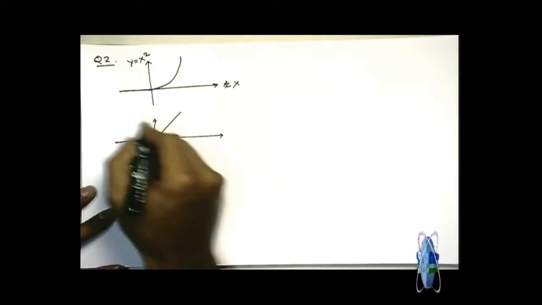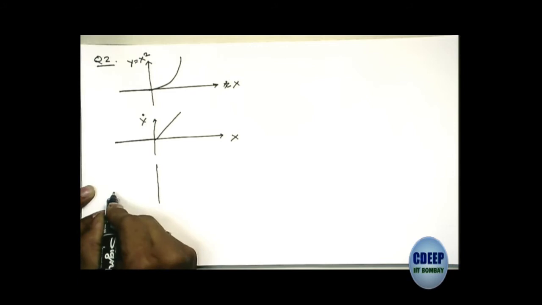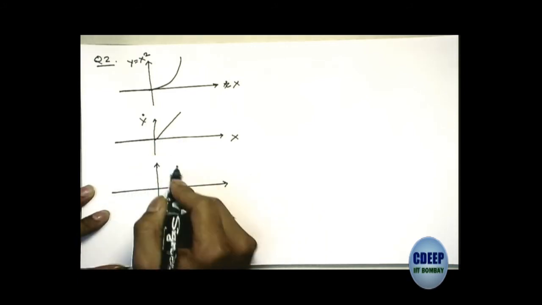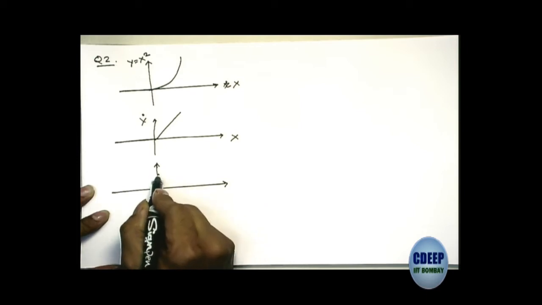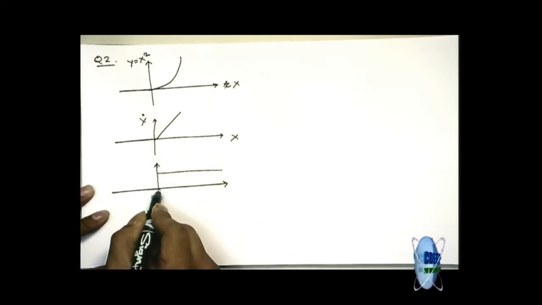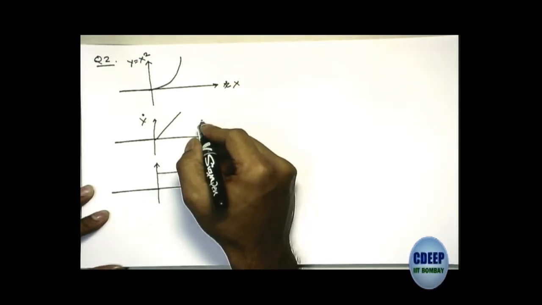If you differentiate it again, something funny happens. For x positive, the derivative is 2. For x negative, the derivative is 0. So this is not a continuous function, which means this function is not differentiable.